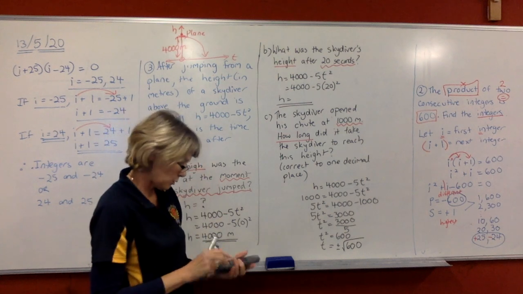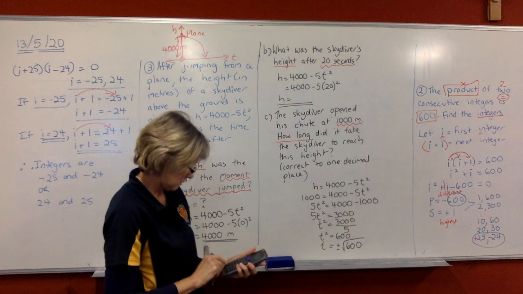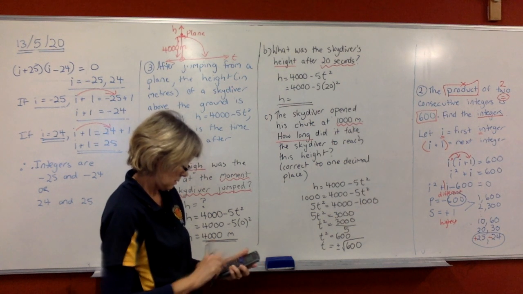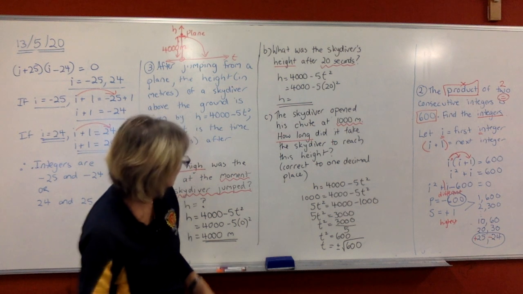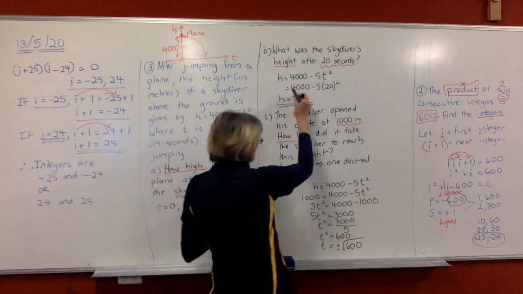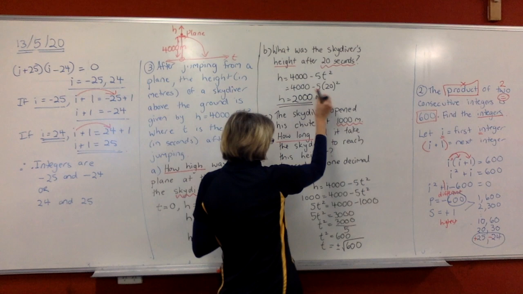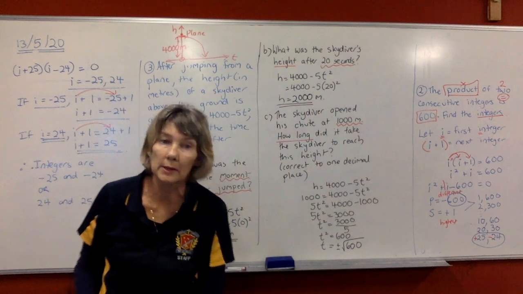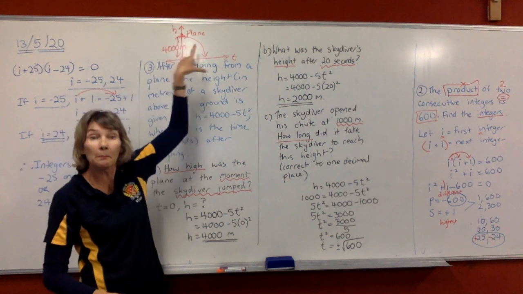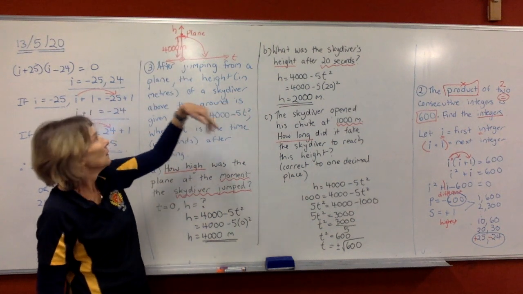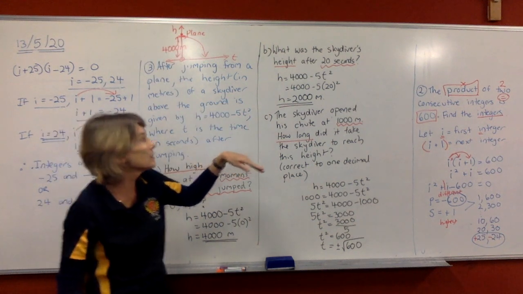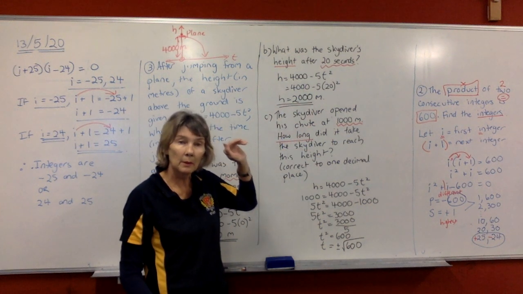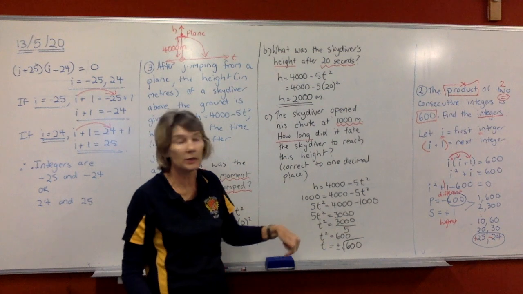I think it ends up being 2,000, but we'll check. Okay, so it ends up being 2,000 metres. So after 20 seconds, he's at 2,000 metres. So he's 4 kilometres up when he jumps out. He's 2 kilometres above the ground at 20 seconds. So it takes him 20 seconds to get to half his height.